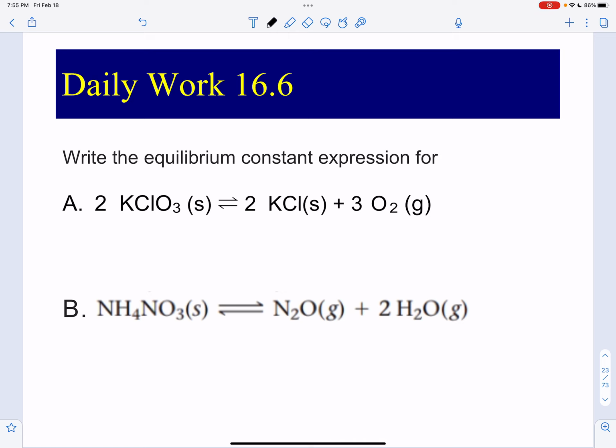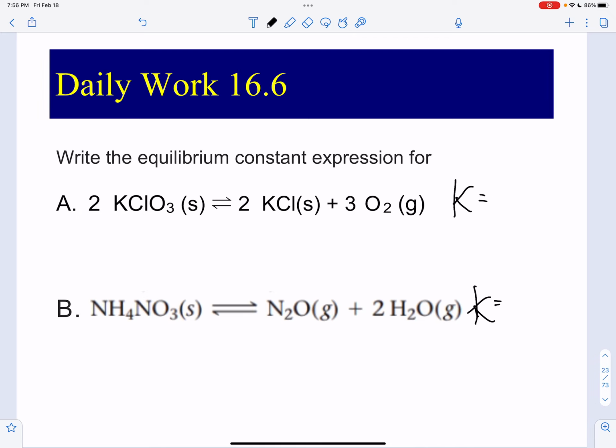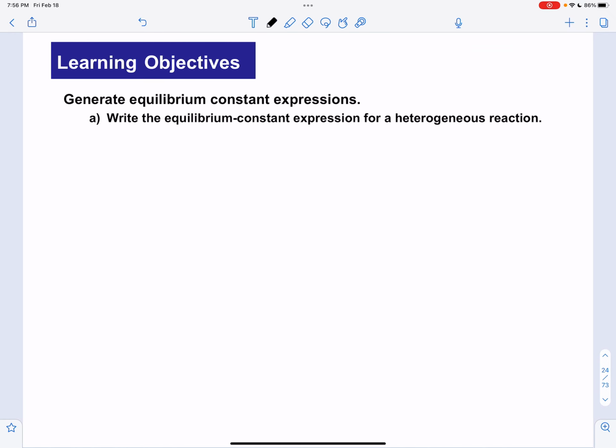And all you have to do is just give me the two equilibrium constant expressions based on those reactions. And with that said, that was an easy objective. So if you have a heterogeneous reaction, do not include the solids, do not include the liquids in the equilibrium expression.